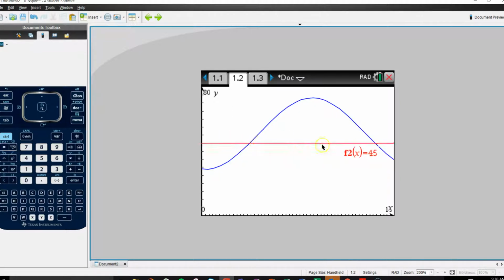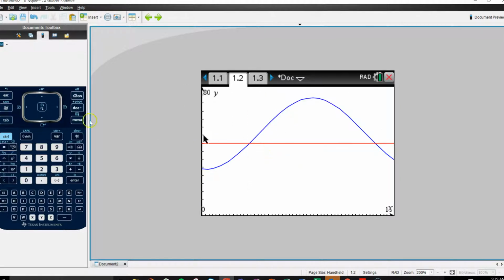That point right there and that point right there, those are the 2 points in the year where my model is estimating to be 45 degrees. Okay, so kids are allowed to play outside where it's above 45 degrees Fahrenheit. So that would mean on my blue graph, my model, all of this time right here of the year, kids are allowed to play outside. So between this point and this point up here, kids are allowed to play outside. So I should find out what these 2 points are.